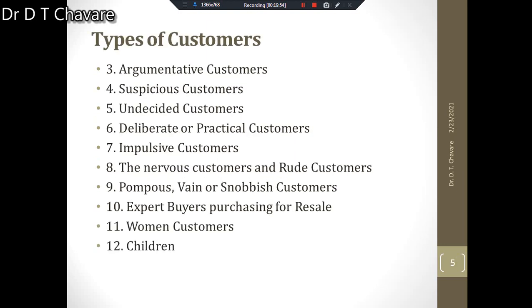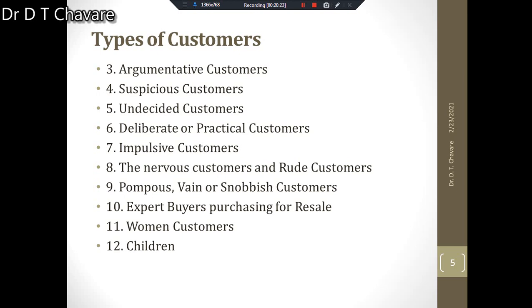Then what are the types of customers? There are different types of customers you will find. Every salesman is interested in attracting customers toward the product. In other words, to be a successful salesman and make effective selling, a salesman must possess the following things, which are called the essentials of selling.